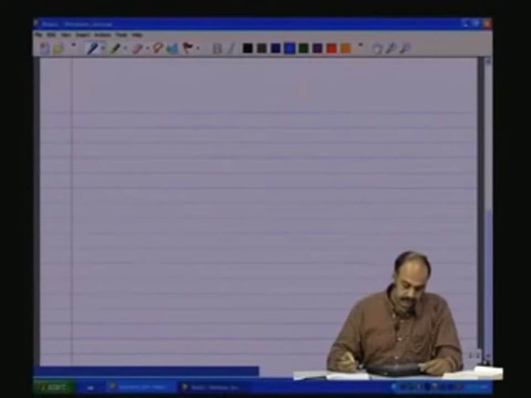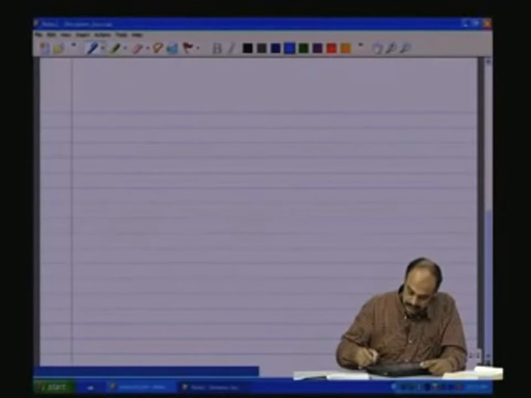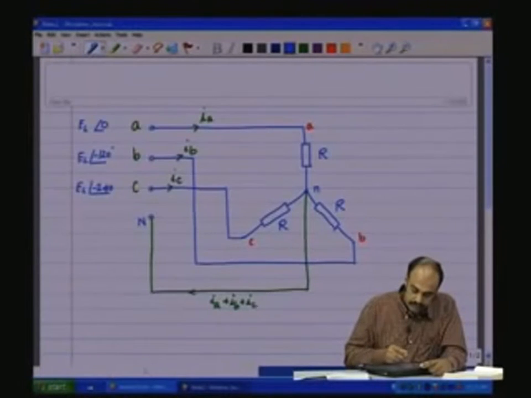Now, if you look at the currents, the line currents and the line voltage, there is going to be a phase shift.